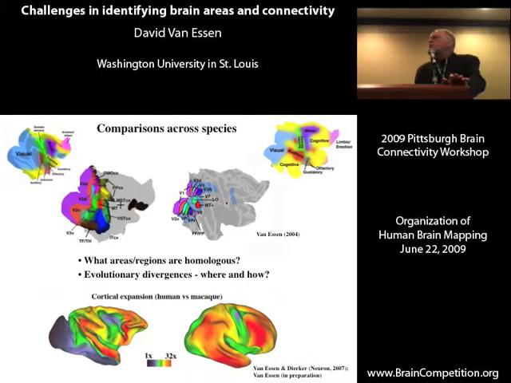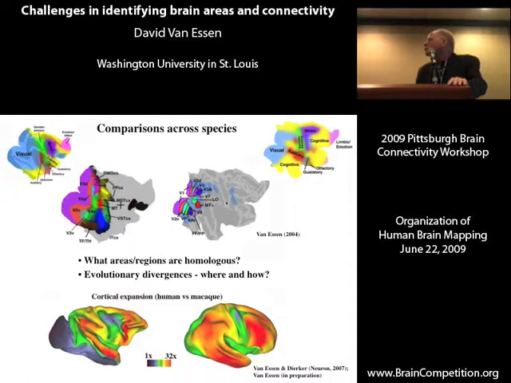I'd like to touch briefly on the relationship between monkey and human. The monkey macaque as a model system is going to continue to be very informative in interpreting what we learn about human function and connectivity, but we have to recognize that the relationships are complex and very nonlinear.